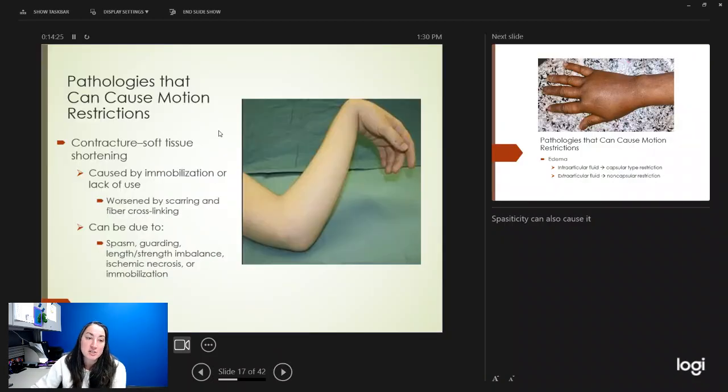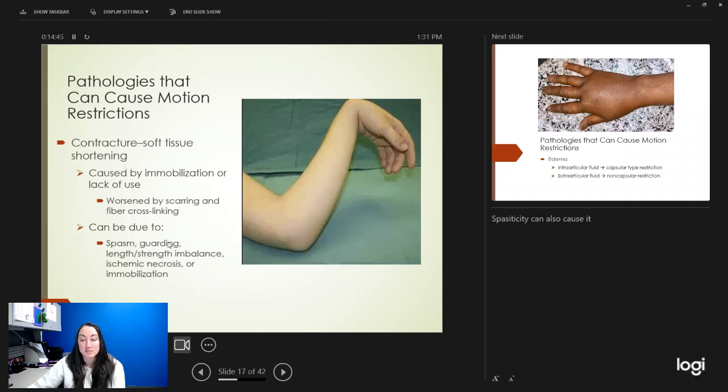Some of the pathologies that cause motion restrictions are soft tissue shortening. That could be caused by immobilization, like wearing a cast, or by scarring, by the fiber cross-linking, the shortening of those fibers, unable to lengthen to their normal state.